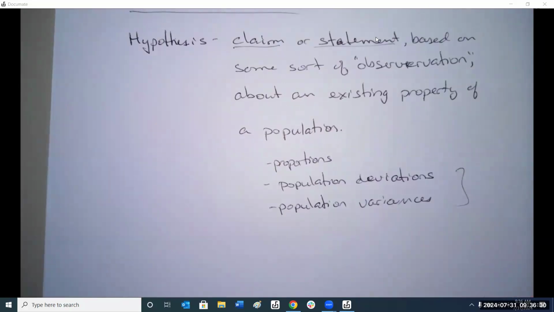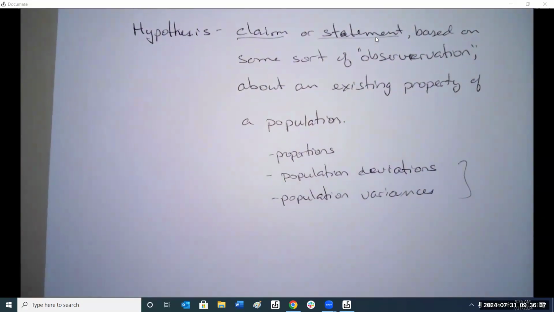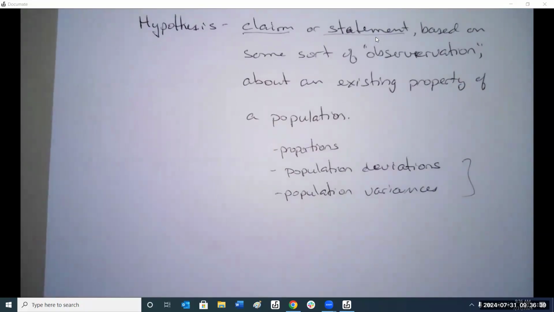These are what we call our statistics: the mean, median, variance, and deviation. That's what we call our statistical inferences, our statistics, or the test of what we're going to look at.